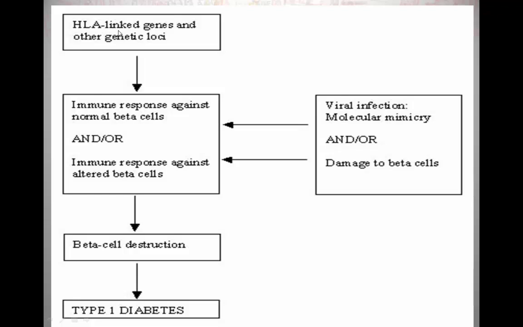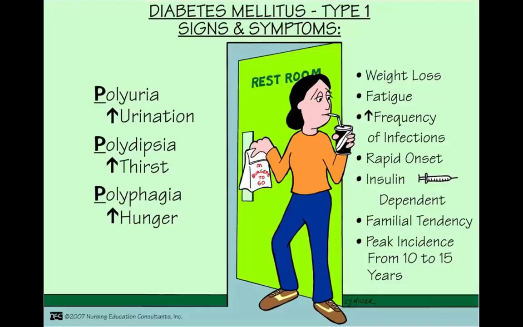Again, it's HLA linked, and there's an immune response involving T and B lymphocytes at the level of the pancreas, producing type 1 diabetes. It could be associated, in addition, with viral infections as well.